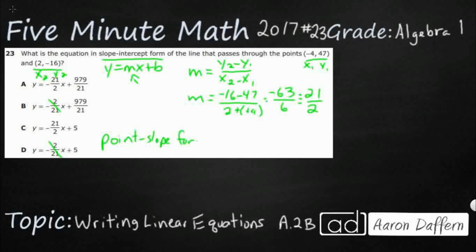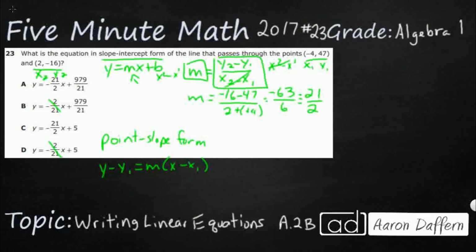All right, so the point-slope form is also on your reference materials, and what that's telling us is that y minus y1 equals m times x minus x1. All that is, if you just take this right here, multiply both sides by x2 minus x1. That's really what that is.